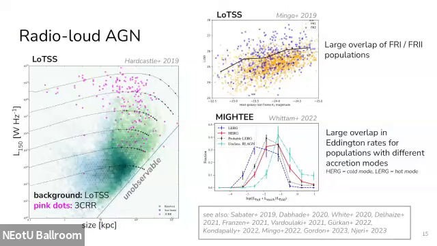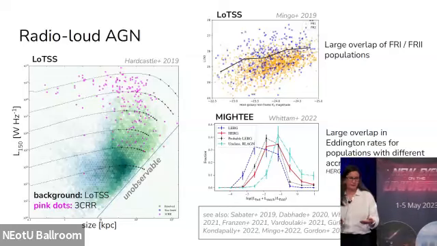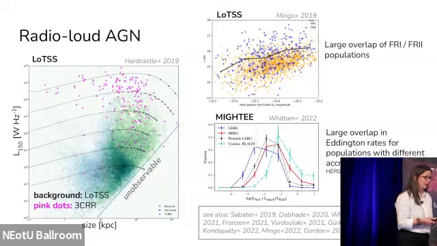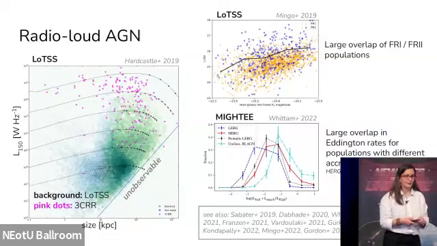We had seen that there was a division in their accretion rates, but now with our deeper radio surveys, we're seeing that there's a much, much larger overlap in the Eddington rates than we previously thought. So this is really already challenging what we know about this radio loud population, and we'll just discover more as we go down in sensitivity with the ngVLA and the SKA.